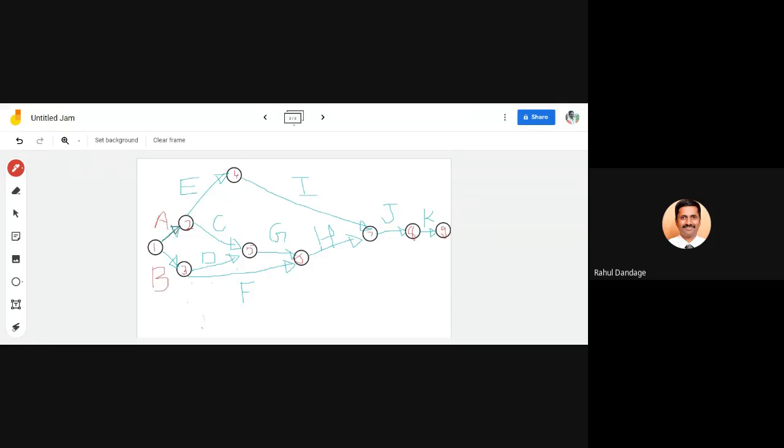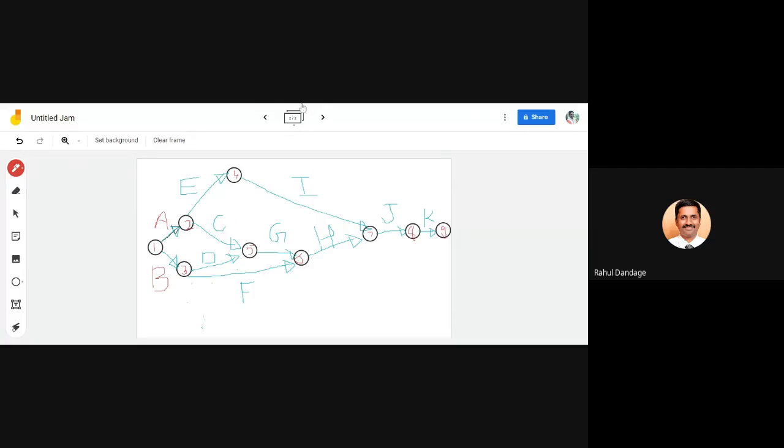Is there any necessity of a dummy activity in this case? Did you find any requirement of a dummy activity in this case? No. Correct? So without a dummy activity, things have been completed. So I hope you have understood this problem, every one of you.